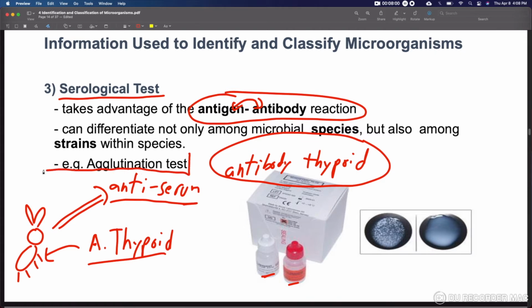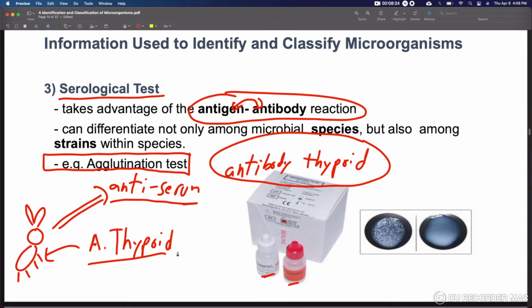So what's the agglutination test? Essentially, it's the formation of clumping. Formation of clumps, agglutination test. You check for the formation of clumps because, as you remember, your antibody will respond to that specific antigen.